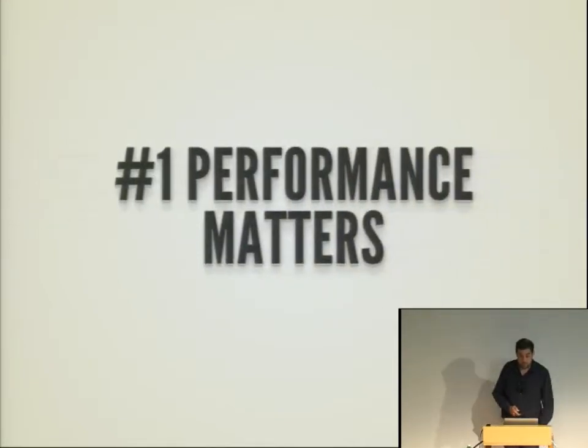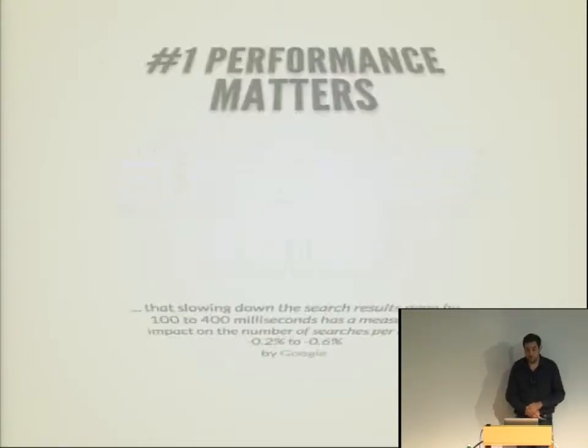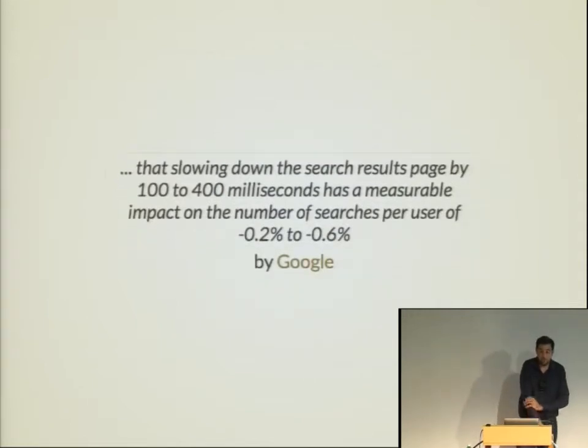So let's start with the first topic, performance matters. There are a lot of slides and a lot of talks already on why performance matters, so I just want to outline two quotes. One is from Google. I think some years ago, they introduced a delay of 100 to 400 milliseconds to their result page.